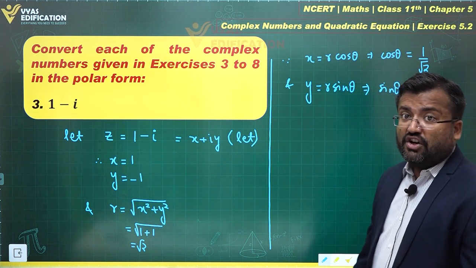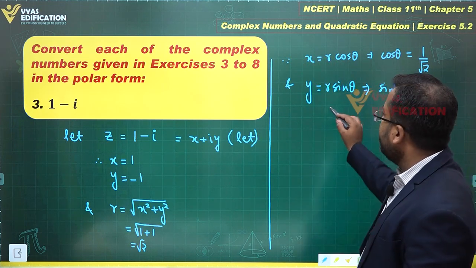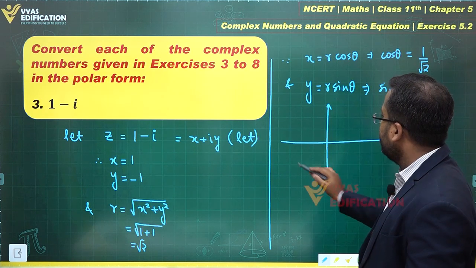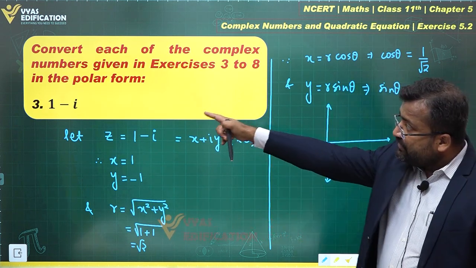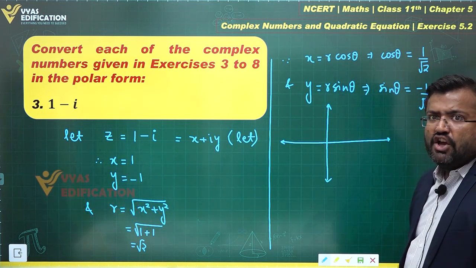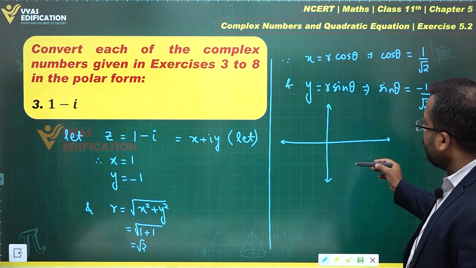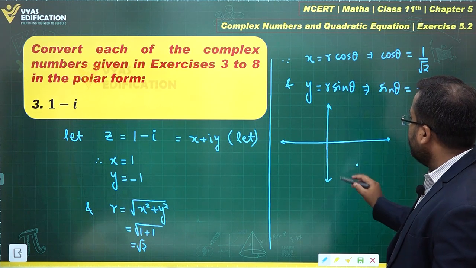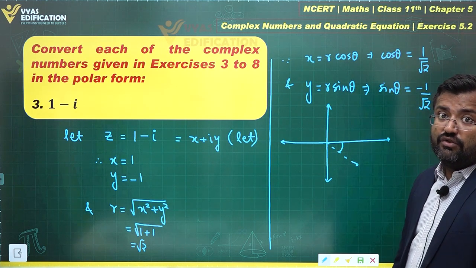You can observe that cos theta is positive, sin theta is negative. Which quadrant are we talking about over here? The quadrant in which the complex number lies can be noted from here directly. Cos theta positive and sin theta negative, so we are actually talking about the fourth quadrant.